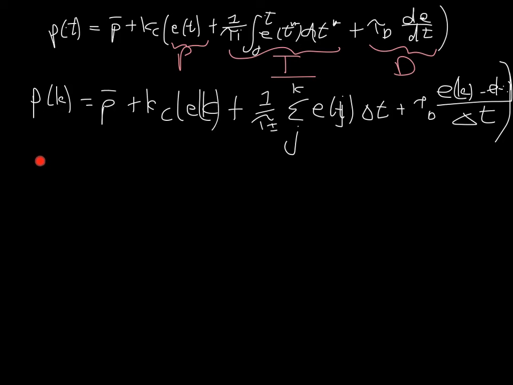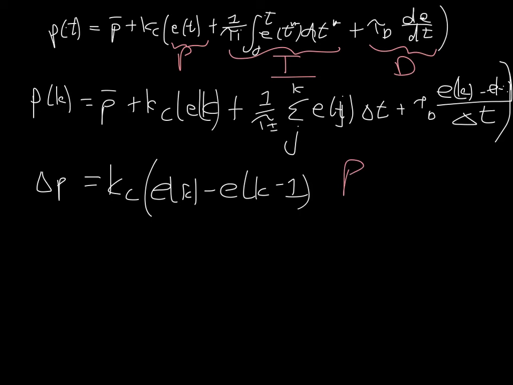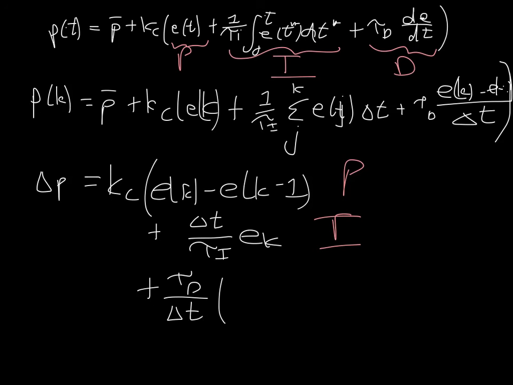So we then solve for delta p k, and this term falls away, and we are then left with Kc times e k minus e k minus 1, and that's effectively the proportional term plus delta t over tau I e k, because now we just have the derivative of the integral term, and for the second derivative you can verify that this is true, that the first order approximation of the second derivative takes this form.